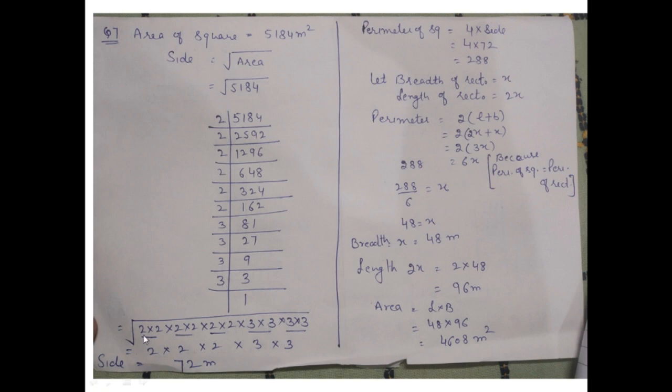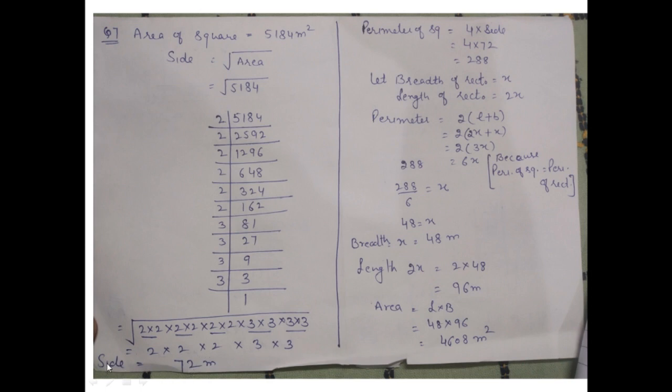Try to find it in your notebook side by side also. Write all the prime factors in the square root and then get one 2 from this pair, one from this, from this, from this, and one from this. Previously, we have done many questions with this method. And when you multiply all these numbers, you will get 72.